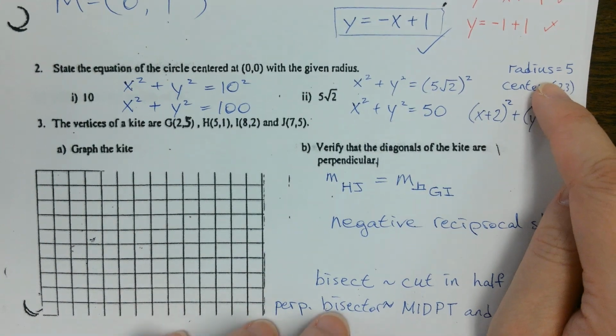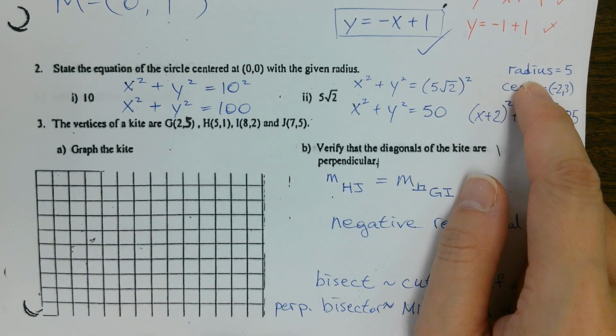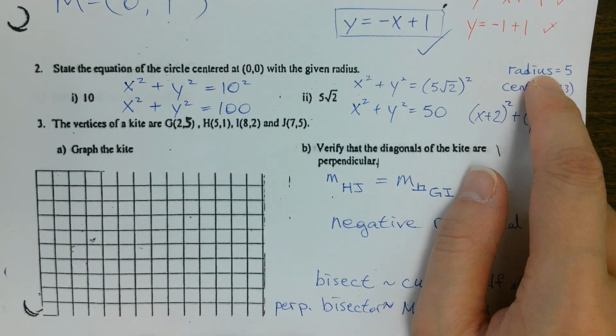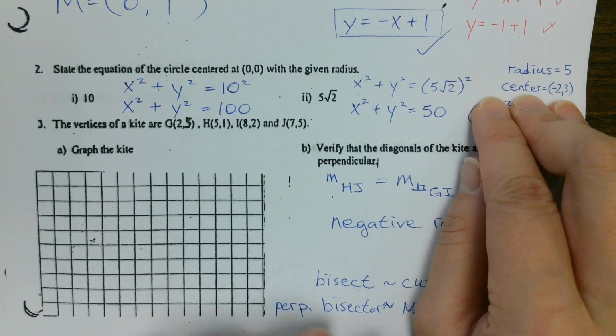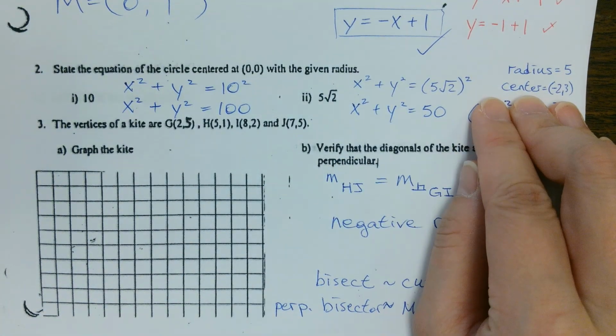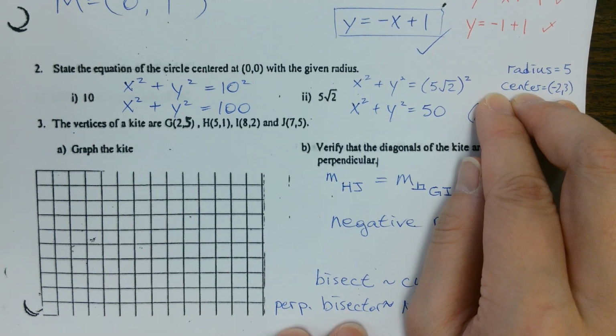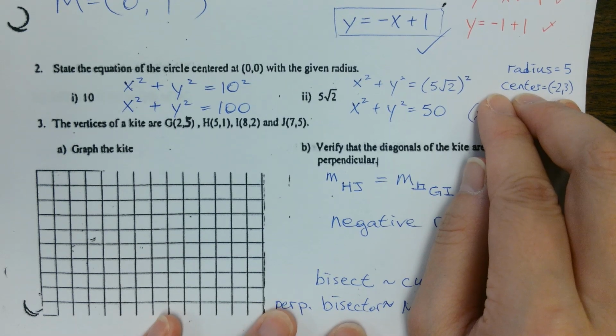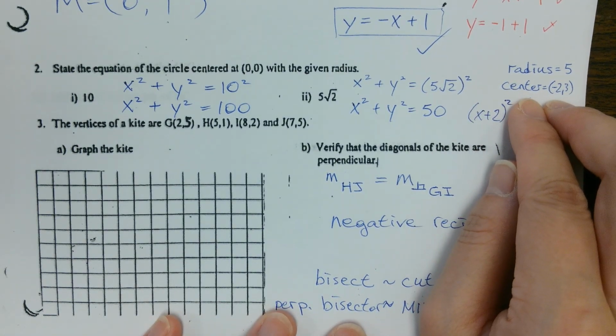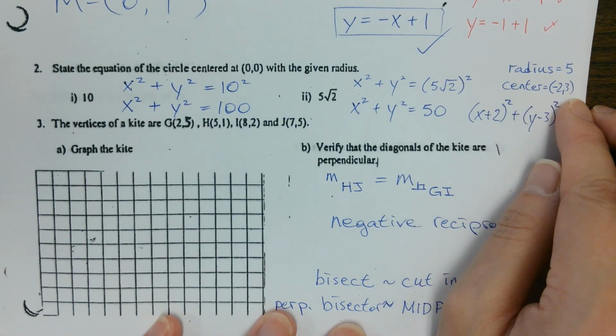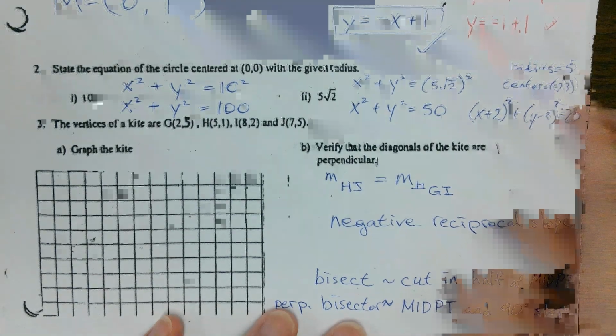And then here's to your question, Aryan. Let's say I change the question up and say, given the radius is 5 and the center is -2, 3, what would your equation be? Yep. (x + 2) squared plus (y - 3) squared equals 25. Perfect.